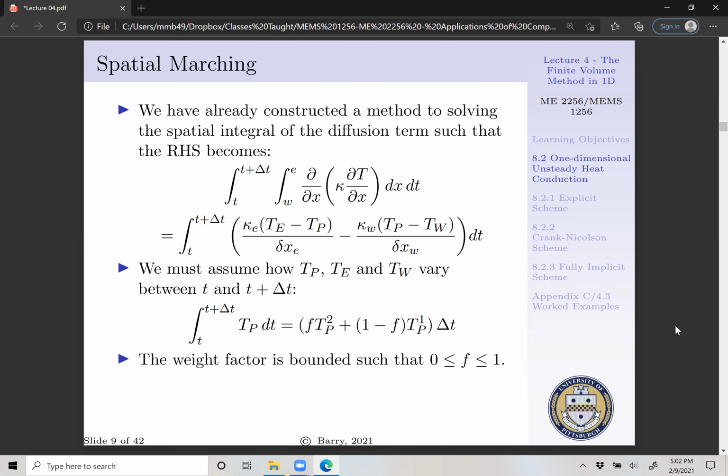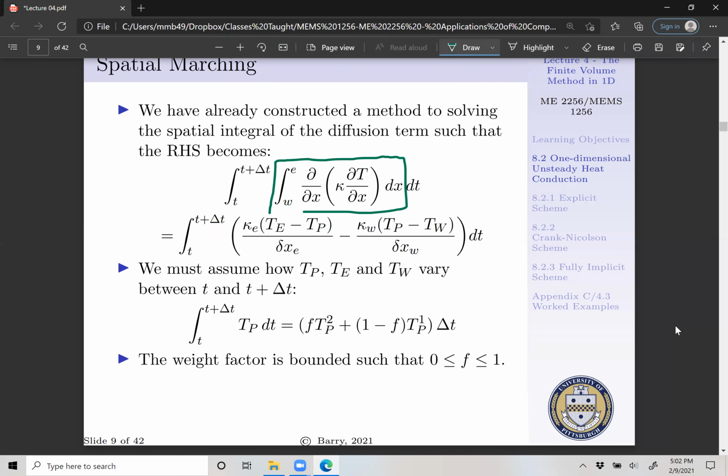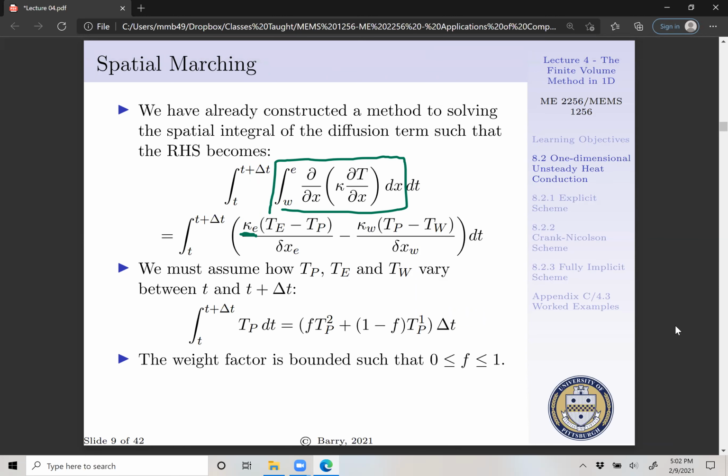We already know how to integrate this equation right here. We've done it before. This is simply equal to our diffusivity at our east interface times the quantity of our conserved quantity in the east cell minus that in our centered cell per the distance between our east and centered cell centers, less the diffusivity at our western interface times the conserved quantity at our cell center minus that in our western cell's center per the distance between those two cell centers.